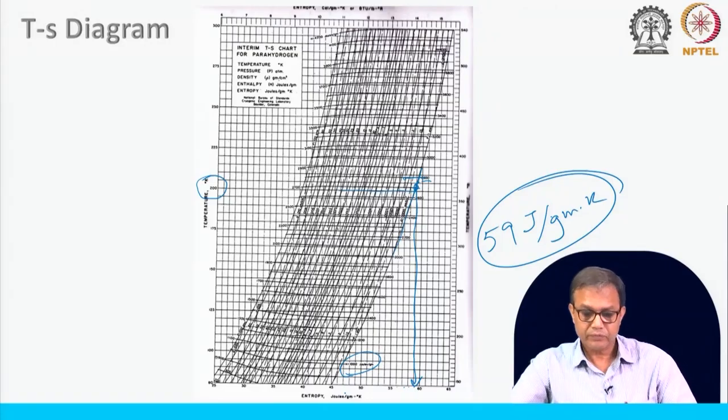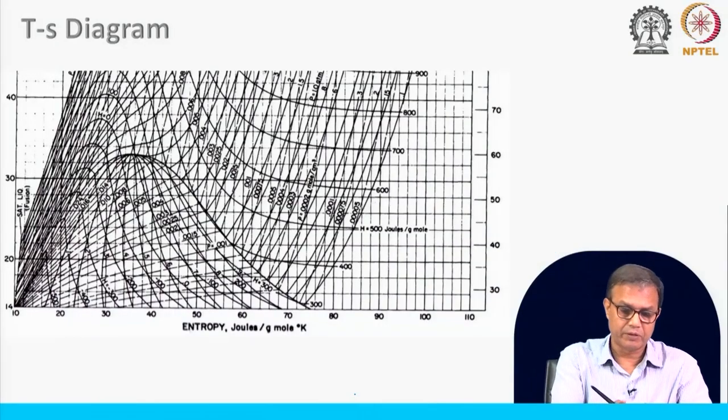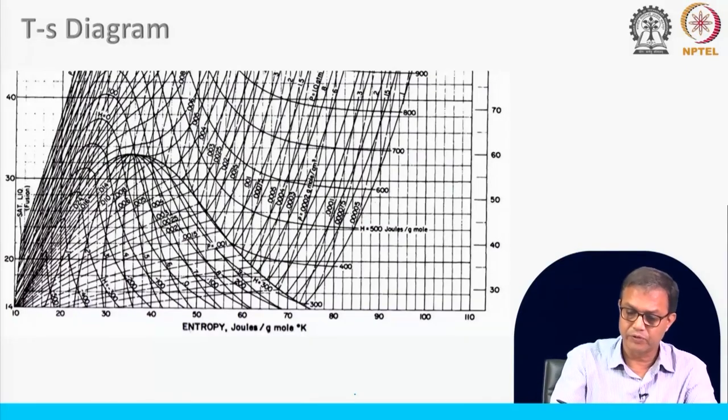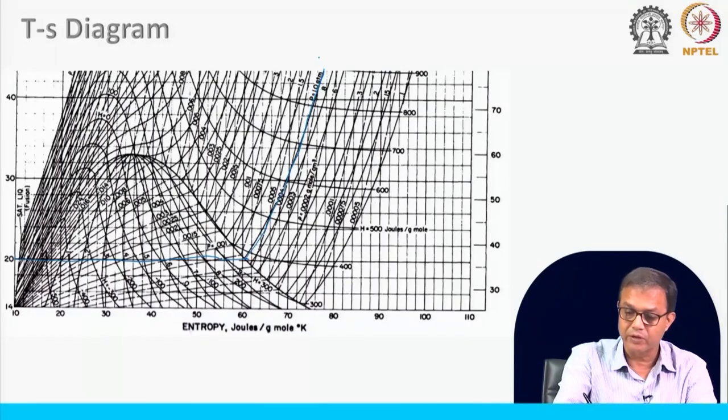Next comes this enlarged version to show it to you, that as I was telling, this is the 20 K and the corresponding pressure value is like this. This is for 1 atmosphere, this is for 1.5 atmosphere.